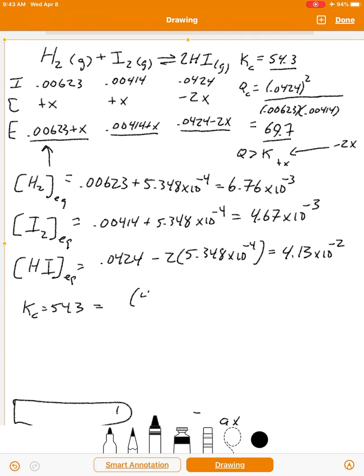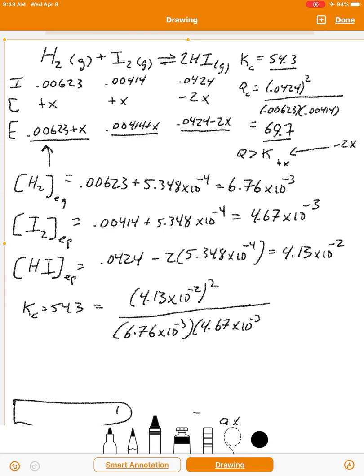We're going to substitute those numbers, 4.13 times 10 to the minus 2 squared, divided by 6.76 times 10 to the minus 3, divided by 4.67 times 10 to the minus 3.